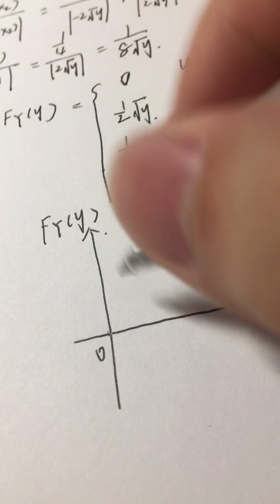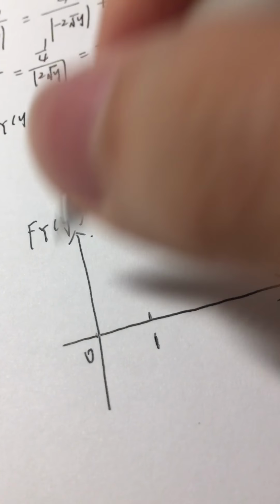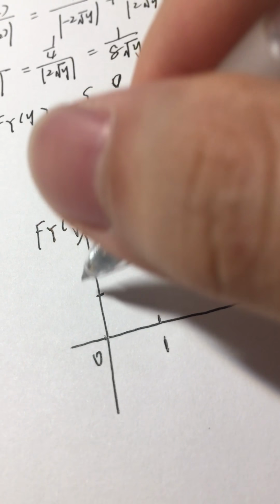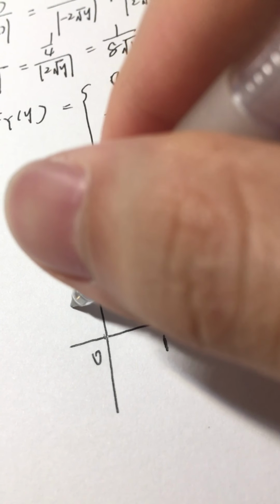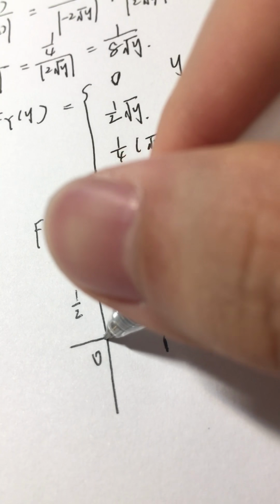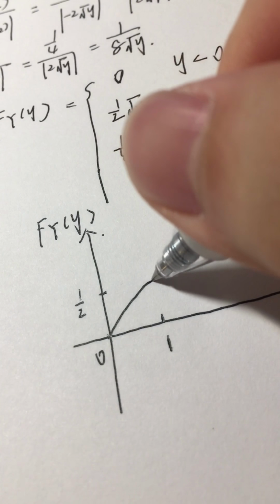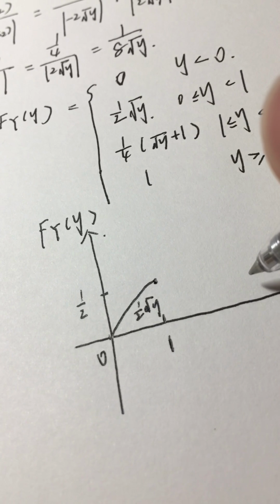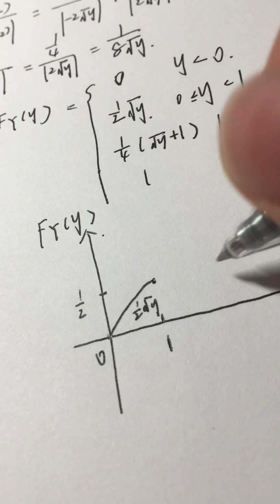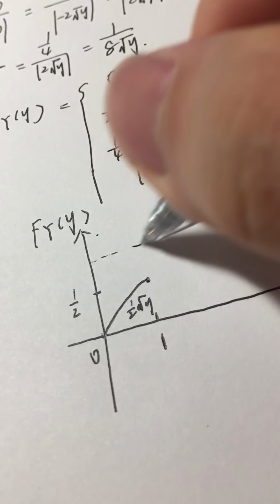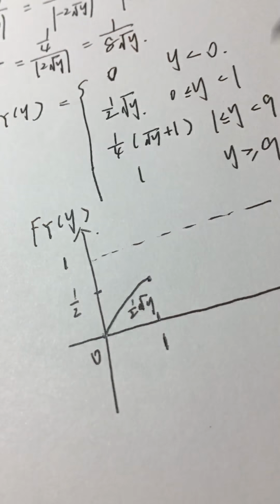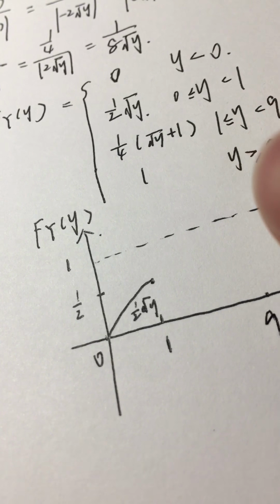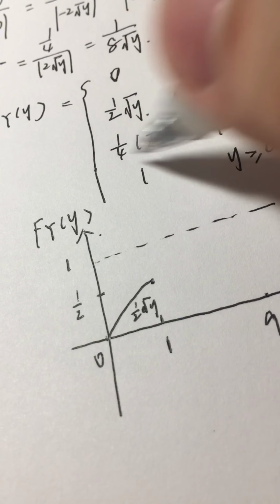When y is 1, the result is also 1/2. When y is between 1 and 9, the function is this.